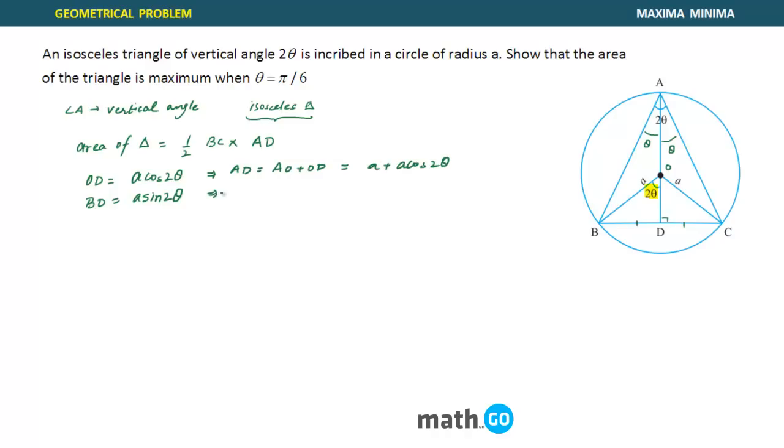And from this BD, we can find BC. BC is nothing but 2 times BD. So this will become 2A sine 2 theta, right? Now you need to find the area. Let's see what the area boils down to.